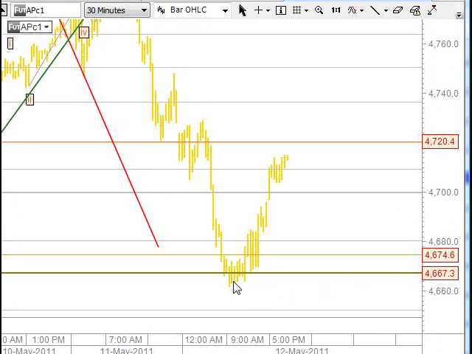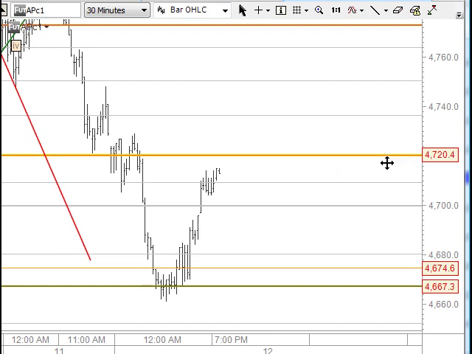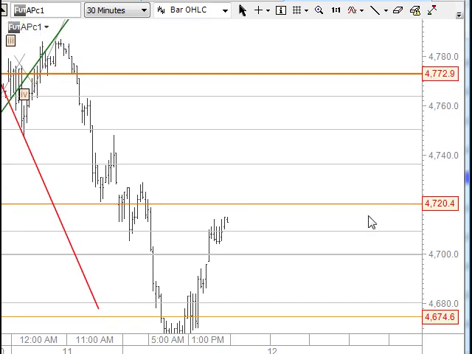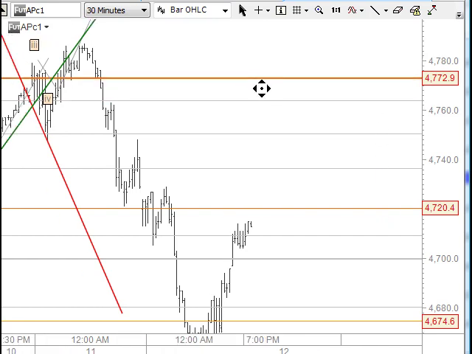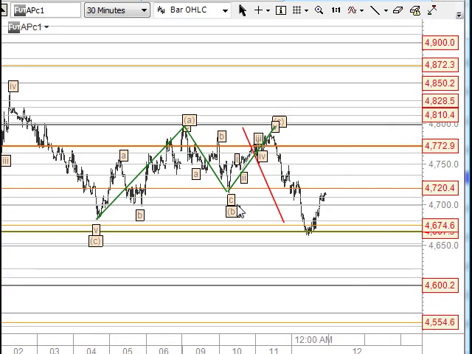So we need to see 5 waves up in terms of 1, 2, 3, 4, and 5 up through to here, then an A and a B and a C across here, eventually finding support on the 4720 here, and then pushing higher still. Now, as the Dow Jones needs to push higher to get up to the 12,772, we want this market here to come up to that scenario as well.